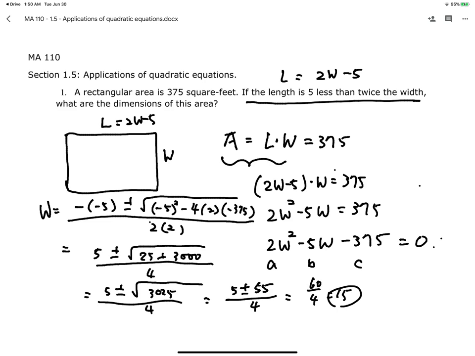Okay, so the width is going to be 15. And that means the length is going to be 2 times 15 minus 5, so that is going to be 30 minus 5, which is 25. Okay, so the dimension is going to be 25 by 15 feet.